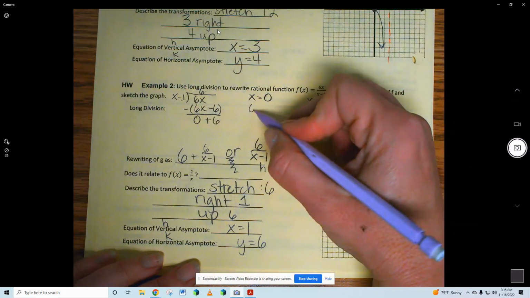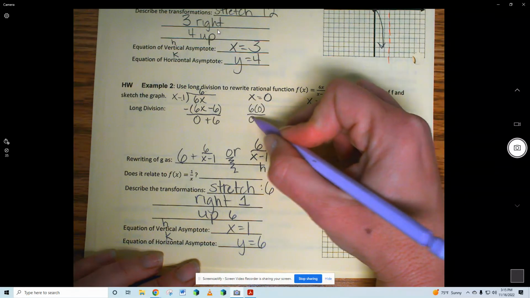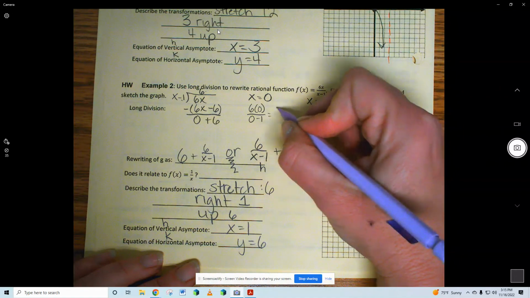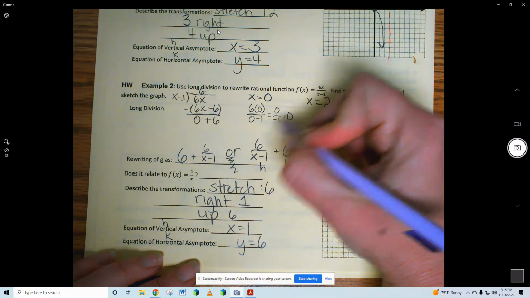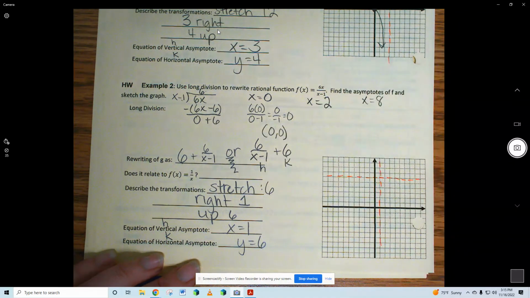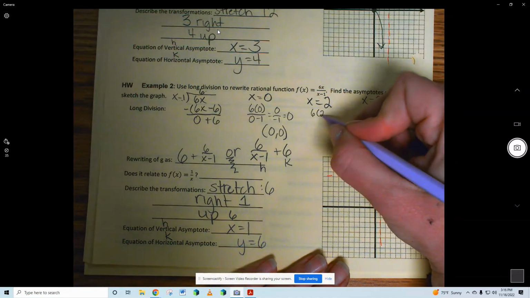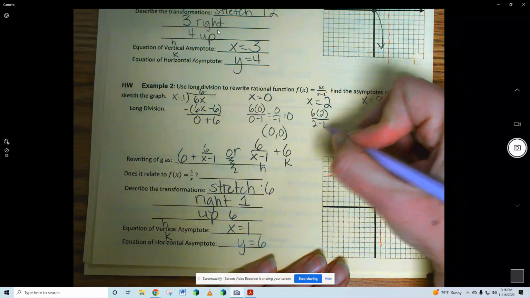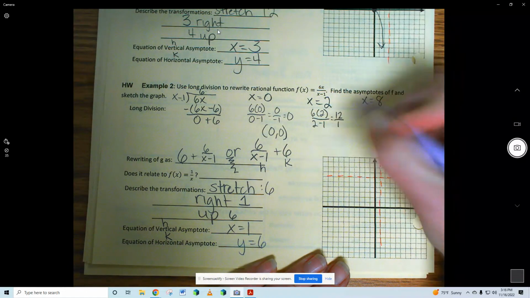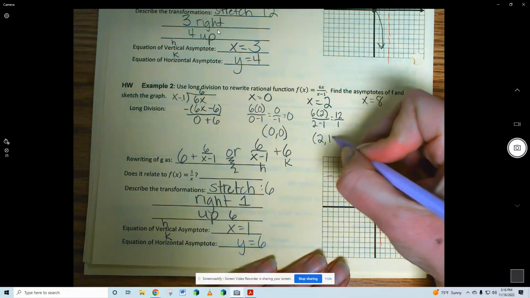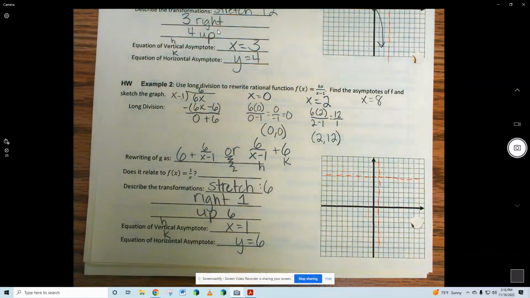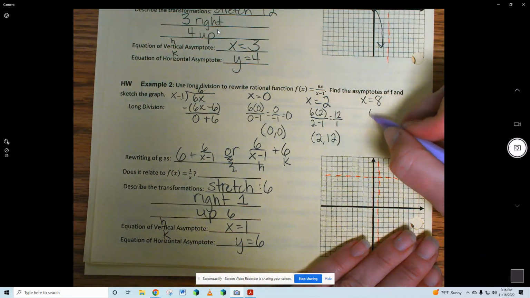So 6 times 0 over 0 minus 1. Then plug in 2, and then plug in 8. Now I'm plugging in 8.